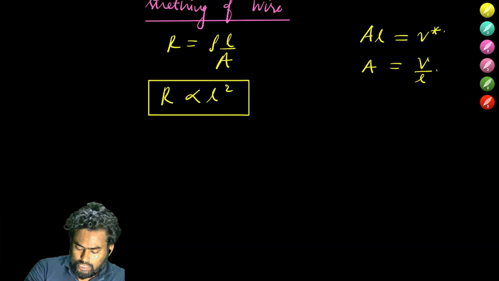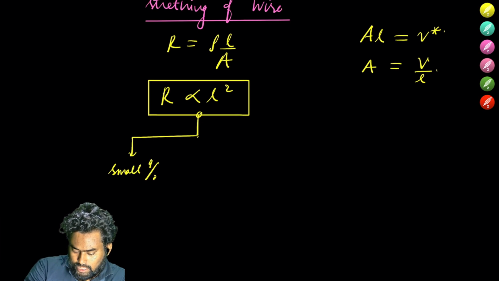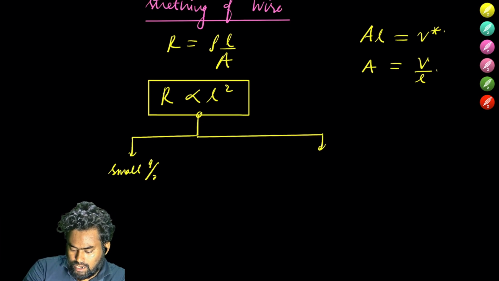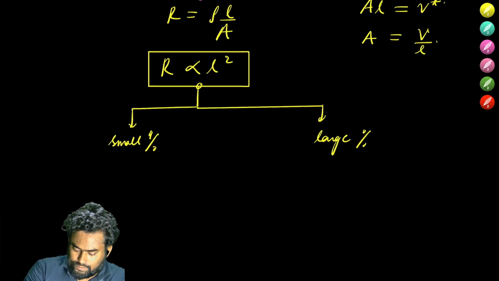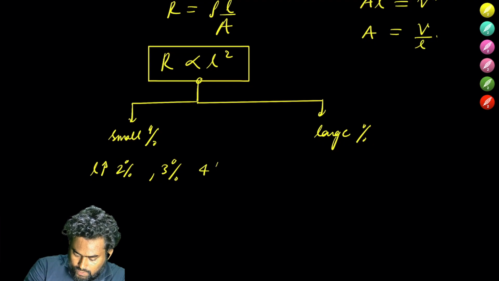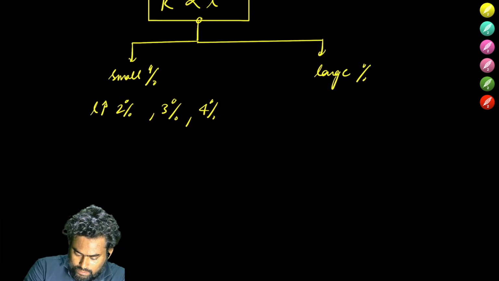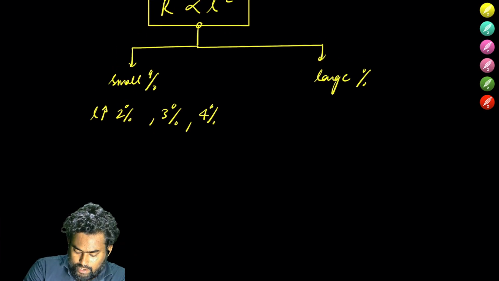Now see, two types of questions can be asked on this: a small percent change or a large percent change. For example, length increased by 2% or 3% or 4%, up to 5% we can apply it, so a small value. Which method will apply here? The error method.